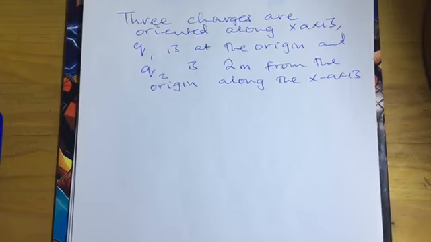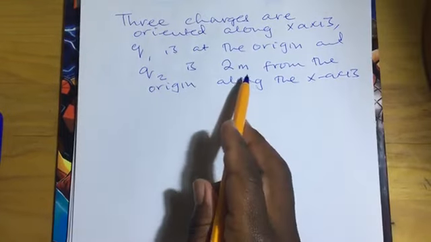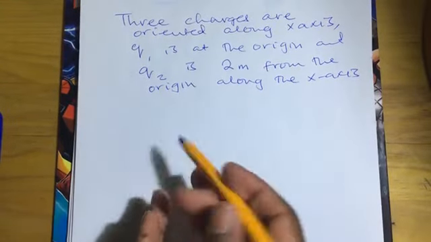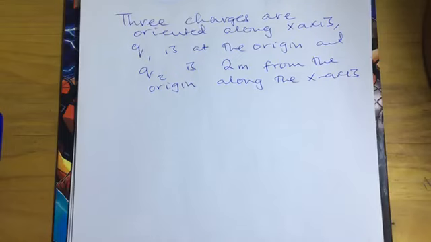Q1 is at the origin and Q2 is 2 meters from the origin along the x-axis. Okay, pay attention to this question. Notice this is positive 2, right? Because from the origin you can either move to a negative side or to a positive side.